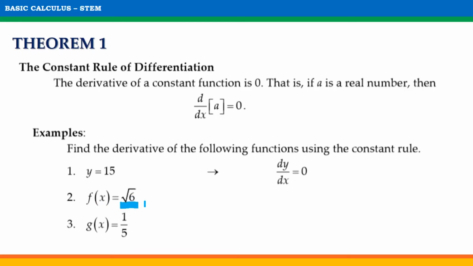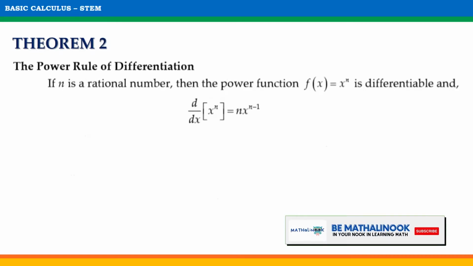Square root of 6 is also a constant number, thus f prime of x is equal to 0. Last one, g of x is equal to 1/5, wherein 1/5 is a constant number, thus g prime is equal to 0.